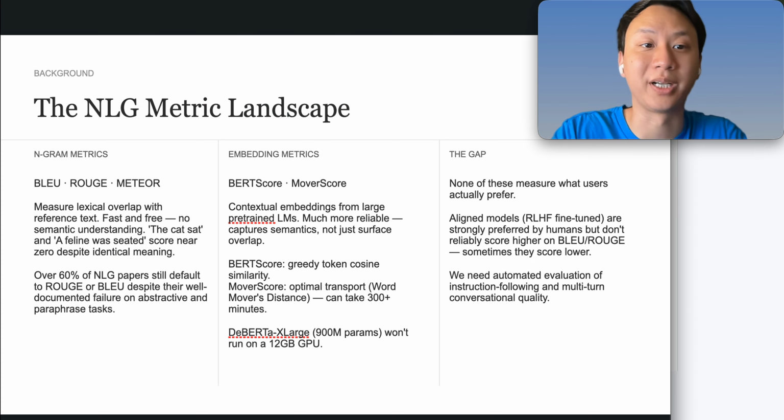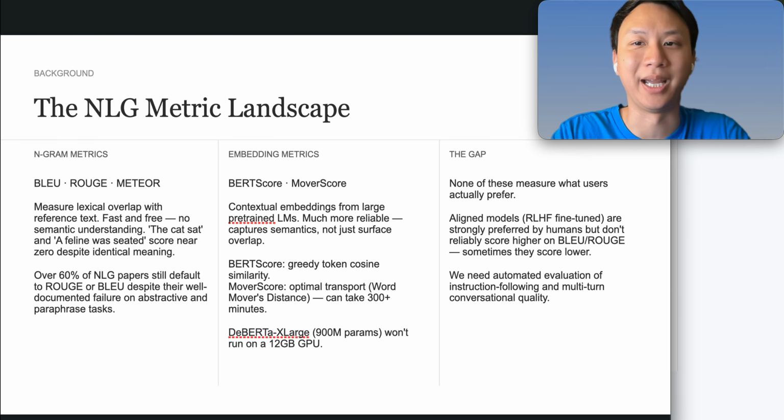And so when it comes to grading, there are a lot of different ways to grade answers even before the advent of LLMs. And so here are the more historical ways of grading natural language responses.